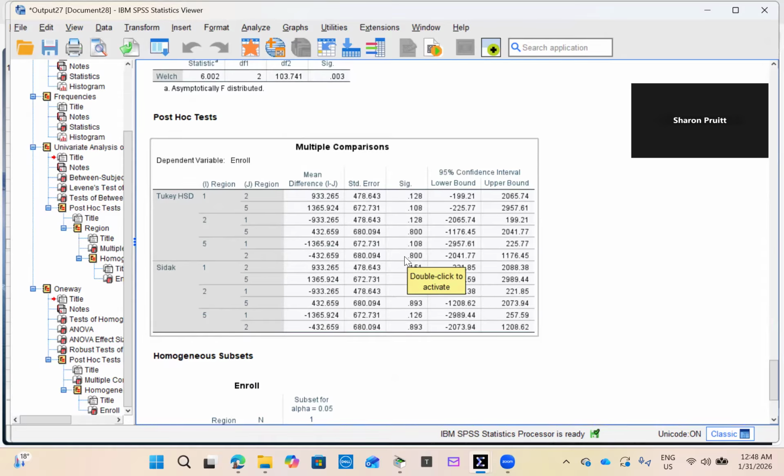This indicates that no individual pair of regions differ significantly in mean enrollment. Additionally, all confidence intervals include 0, further supporting the absence of statistically significant differences.